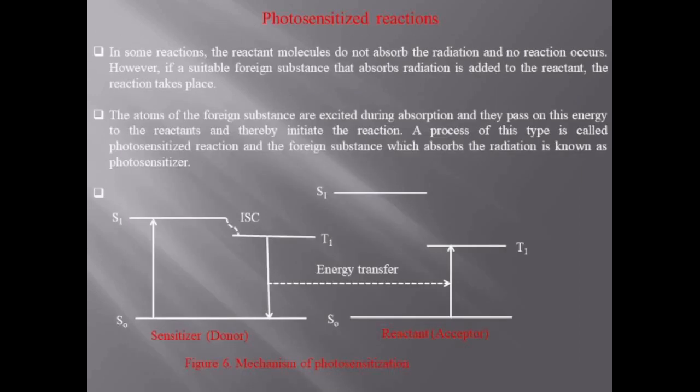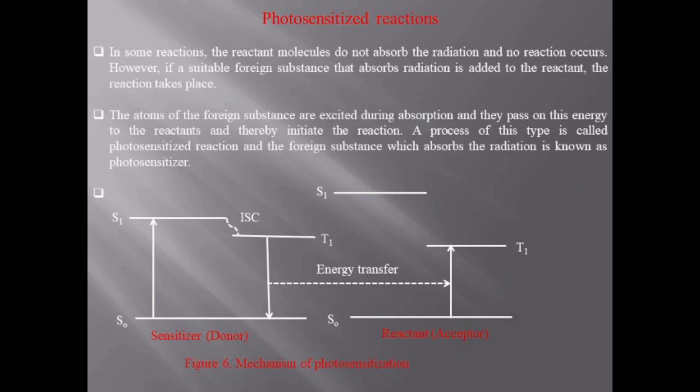Photosensitization reaction. In some reactions the reactant molecules do not absorb the radiation and no reaction occurs. However, if a suitable foreign substance that absorbs radiation is added to the reactant, the reaction takes place. The atoms of the foreign substance are excited during absorption and they pass on this energy to the reactant and thereby initiate the reaction.